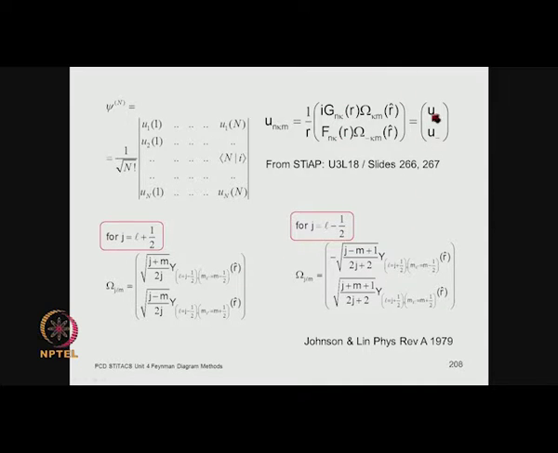So, you have got 4 component functions over here, and this is the kappa quantum number which we have introduced in the previous course. So, these are the quantum numbers which go into the description of these 1 electron wave functions which are solutions of the Dirac equation, and these are the elements of the Slater determinant.